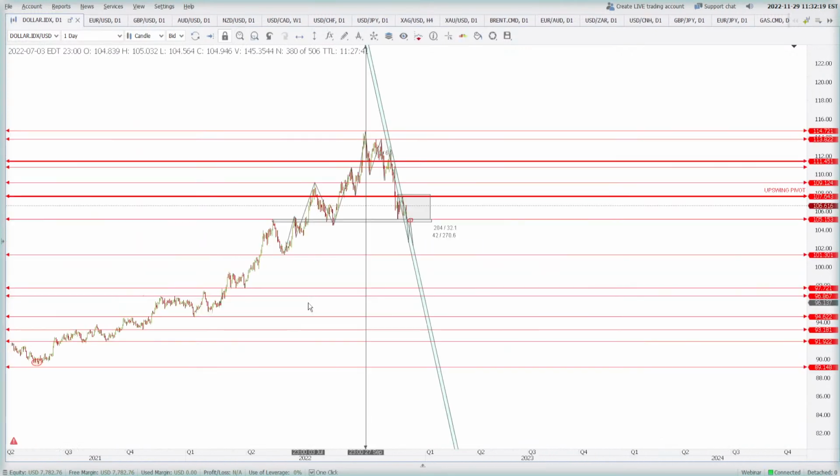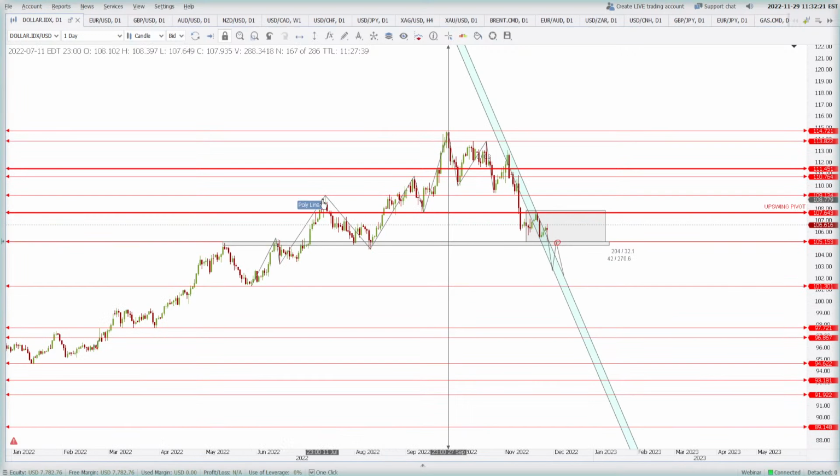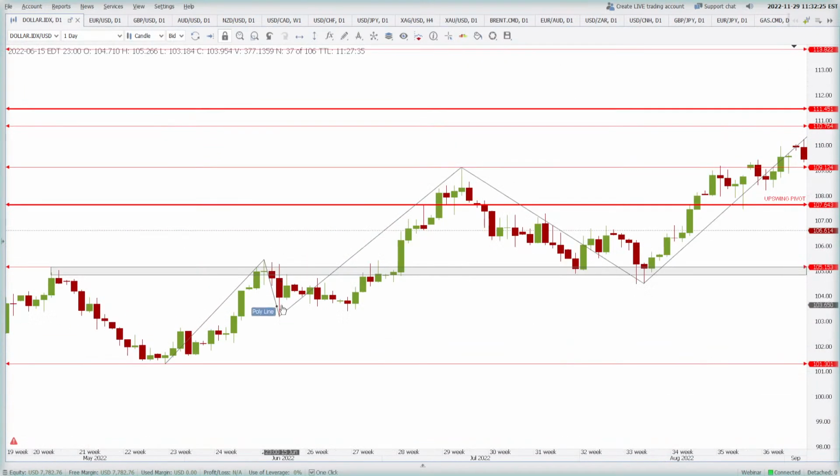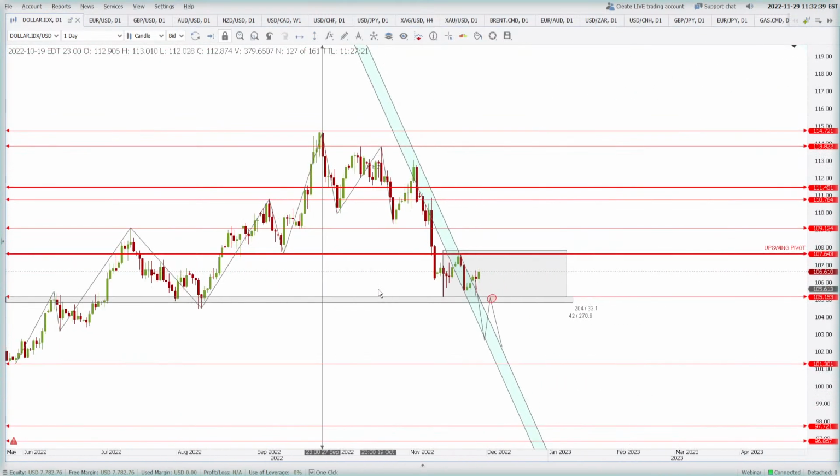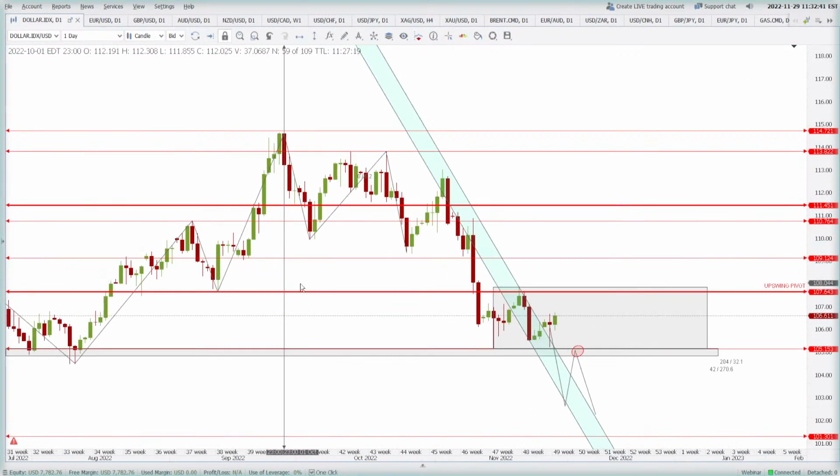Because I want to keep the swing move as one move. Otherwise, there are two swing lows in this one also, this swing low and this swing low. But these swing lows are not important, because the price is trading within these lows for a long time, and then it goes in the direction of the trend. I cannot explain why I'm not taking those, but just understand that this is the important swing low we wanted to talk about. As soon as it is broken, now this is acting as a resistance. All right, fair enough.